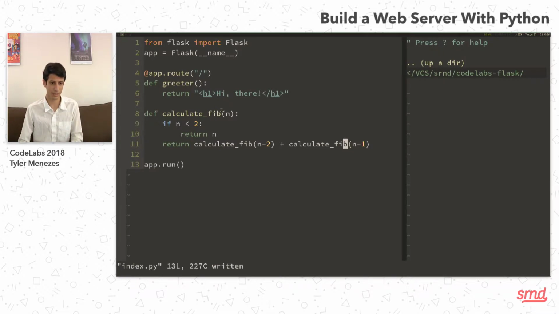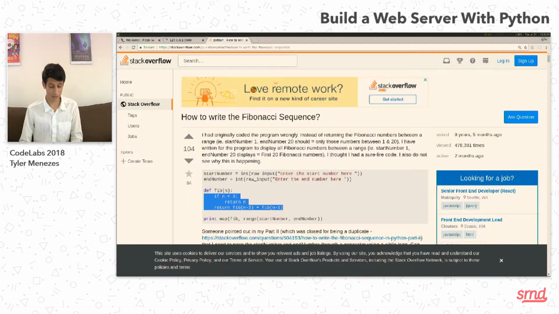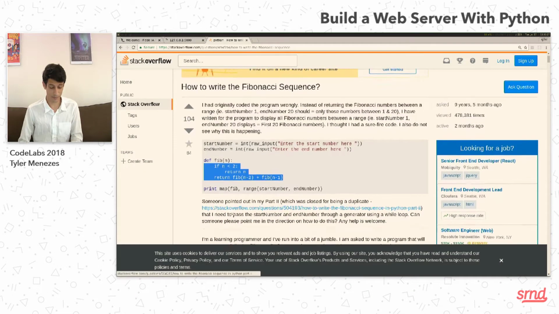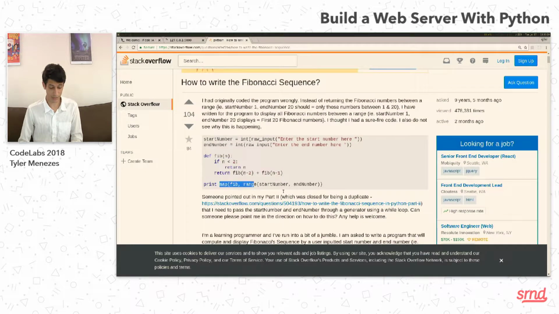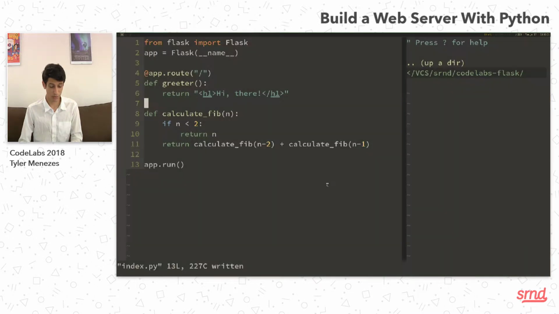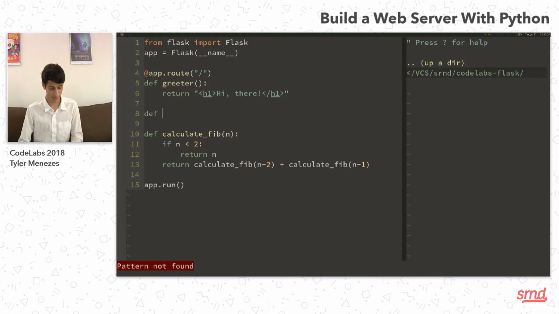Well, it calculates the Fibonacci sequence. So we have this calculate fib function. It will take any number, and it will really inefficiently calculate a Fibonacci sequence. So now we can make a page which is called getFib.